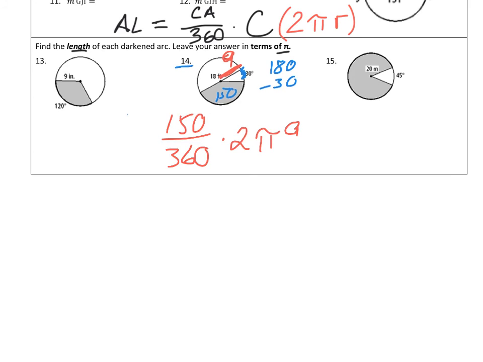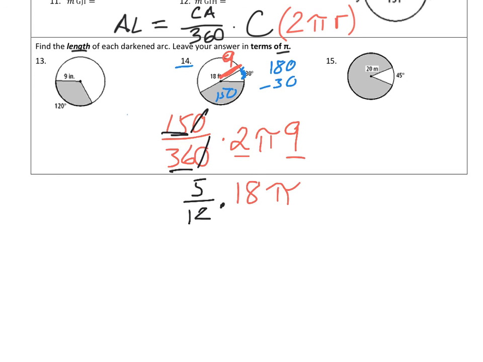I'm going to end up doubling it anyway, which is actually just going to give me 18 again. So I end up with 18 pi times, and we'll reduce this while we're at it. So I can cross out both those zeros, and then 15 over 36. I can divide them both by 3, which is going to give me 5 over 12.